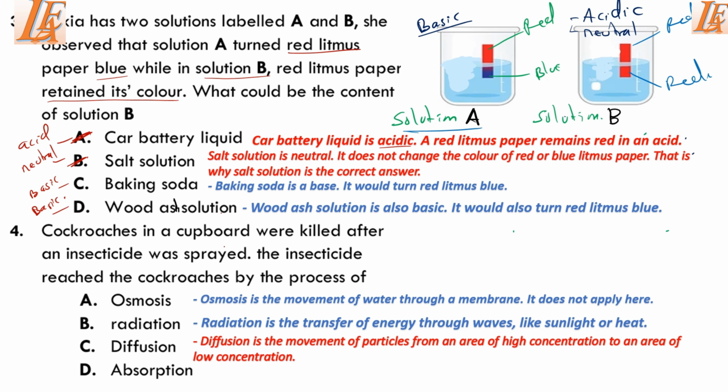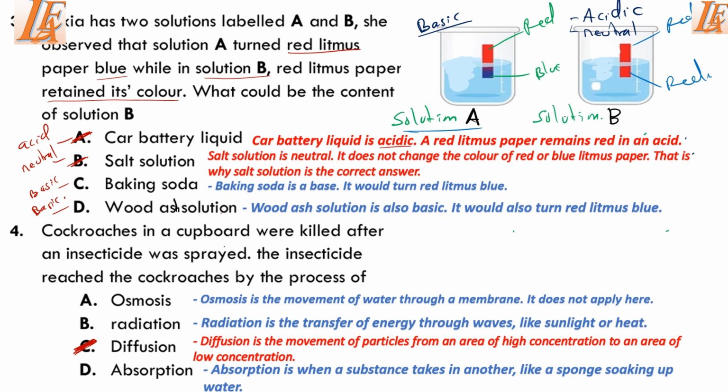And then D cannot be the answer because absorption is when a substance takes in another, like if you have a sponge soaked in water. Therefore, the correct answer, where the insecticide moved from where it was sprayed to the cockroaches, is diffusion. That is the movement of particles from a region of high concentration to a region of low concentration.